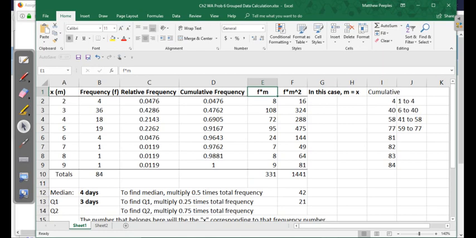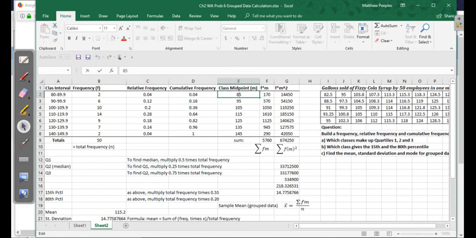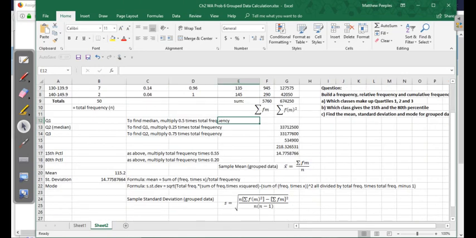In the handout paper that I sent you in the email about my Fizzy Cola drink, I said that you take the frequency times the class midpoint, and you take the sum of those frequency times the class midpoints, and the mean is going to be that sum divided by n, which is the total frequency.